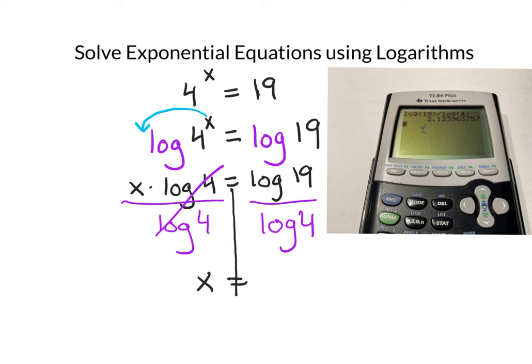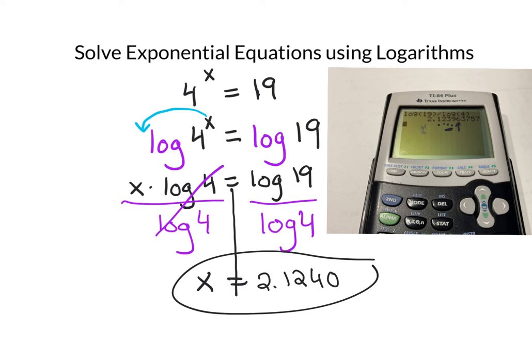I just typed it in, and we get a decimal, and we're going to round to 4 decimal places. So 1, 2, 3, 4, the fifth one, 6, will tell me to round up, think of that as going from 39 to 40. So x equals 2.1240. If we go back up to the top, 4 to the power of 2.1240 equals 19.